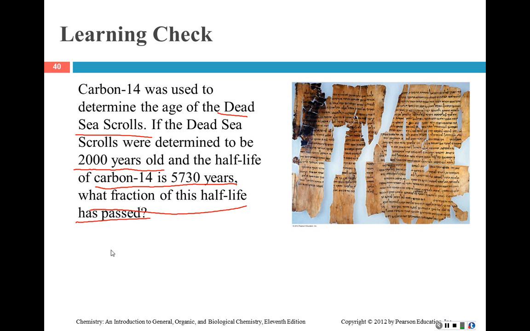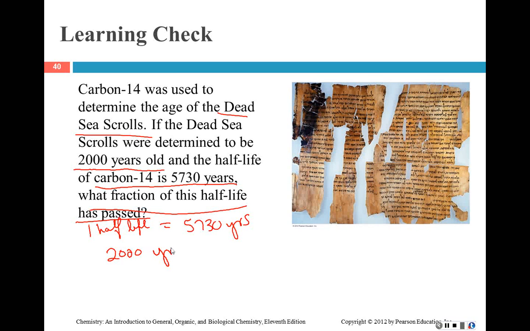All right, so you're given what? You're given that 1 half-life is the same as 5730 years. You're given the age is 2,000 years. And so what are they wanting to know? They're wanting to know what fraction of this half-life has passed.